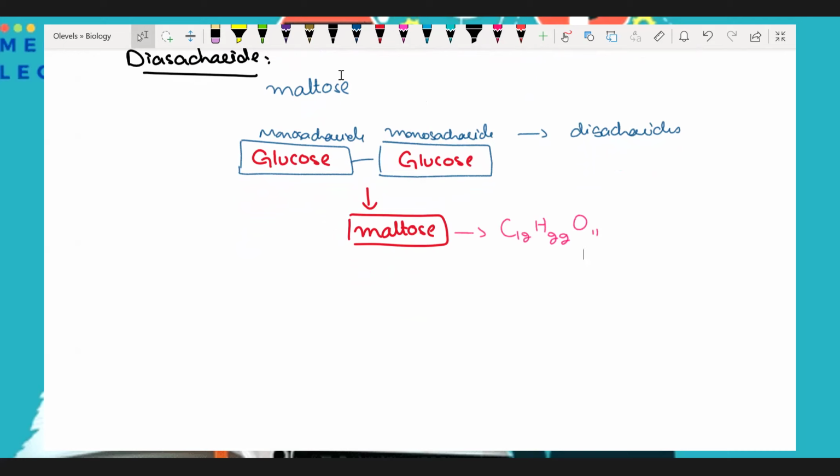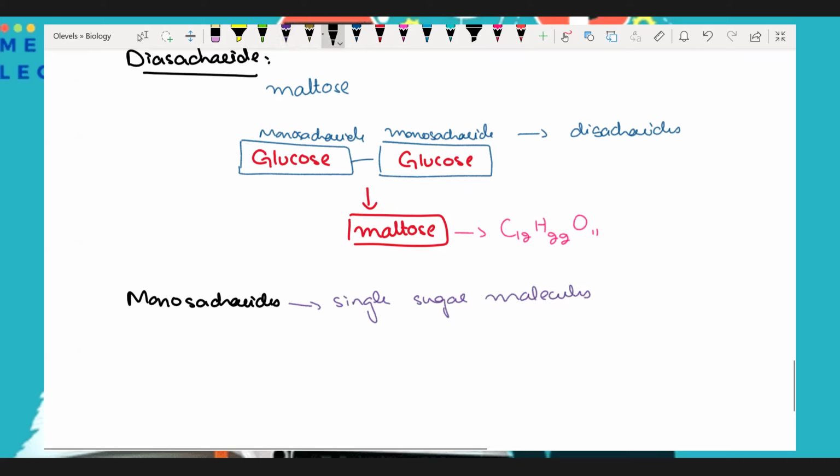So we could characterize monosaccharides as single sugar molecules, whereas disaccharides are two sugar units or two sugar molecules joined together.